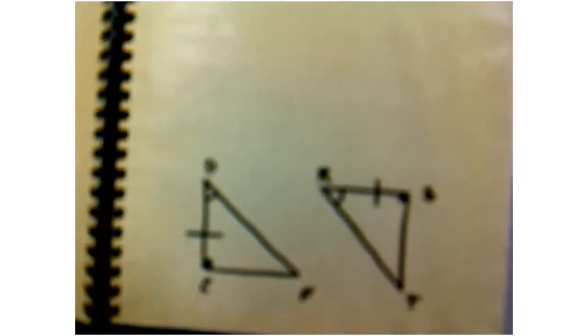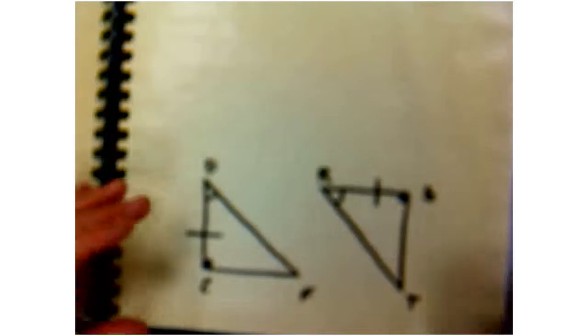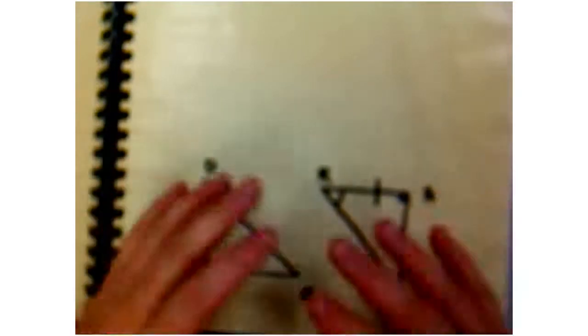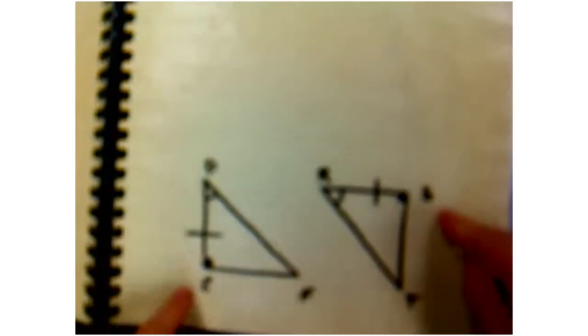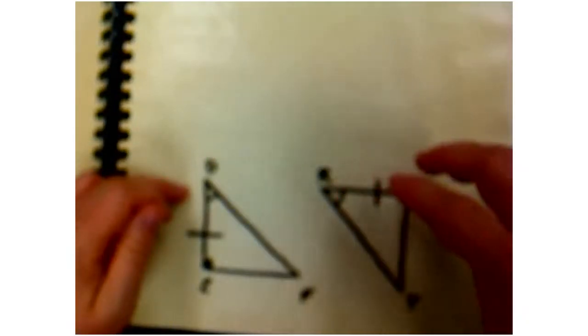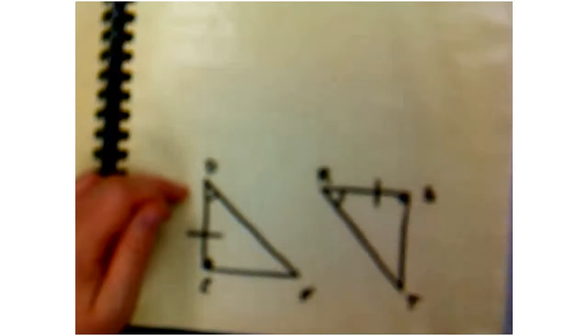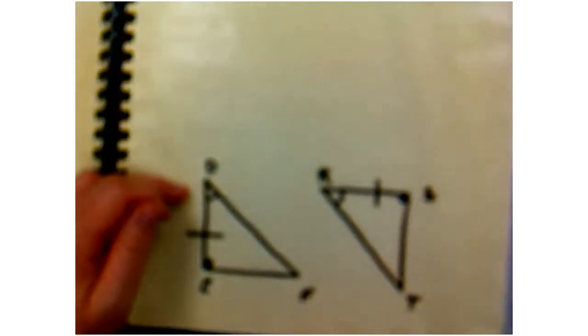So what you have to do is be very careful about realizing, do the parts correspond, correct? So we know S and E correspond, so they're both right triangles. We got to make sure that vertex D corresponds to vertex R, don't we?